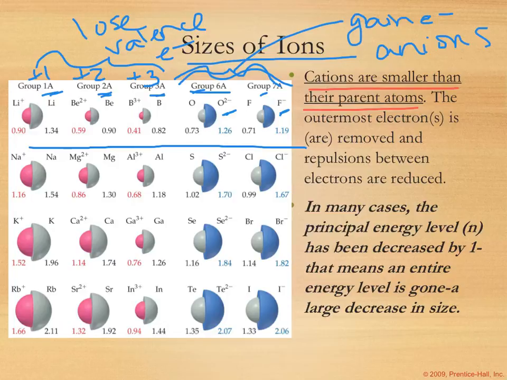What happens when you remove all the valence electrons? You completely have removed an energy level. So typically when you make a cation, you remove the entire outer energy level, making that whole resulting ion much smaller than the original neutral atom.